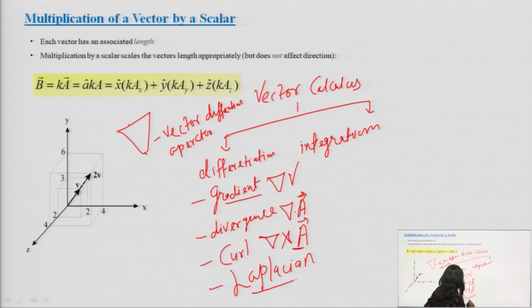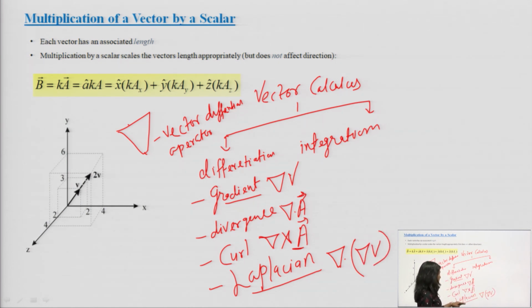Finally, we came to the Laplacian. Laplacian is nothing but the divergence of gradient. We can write it as del dot del p. Laplacian is the divergence of a gradient. Gradient is a vector quantity, and after taking the divergence of a vector quantity, it will transform into a scalar quantity.